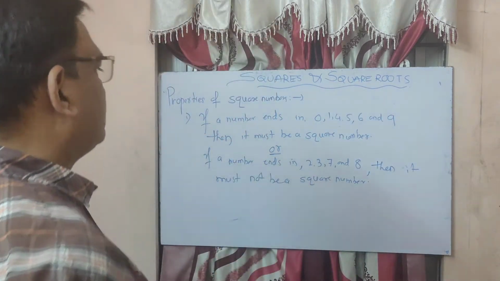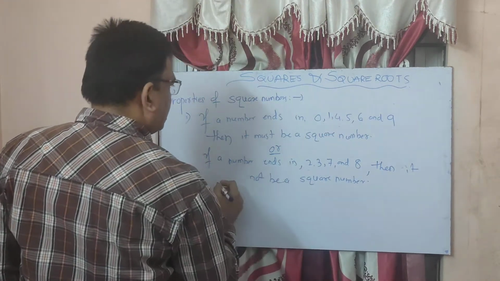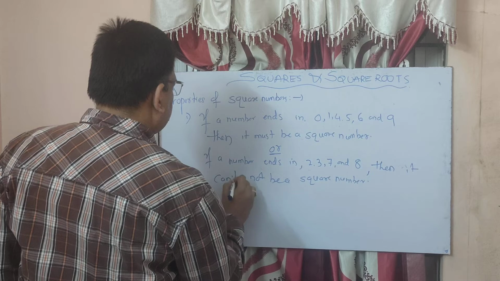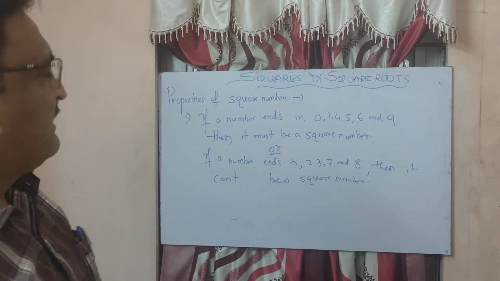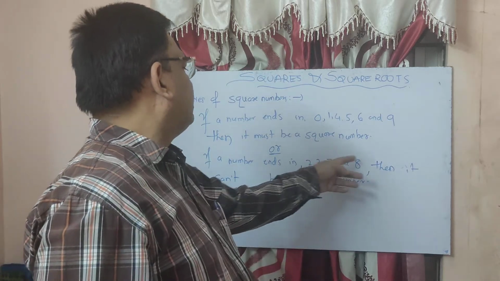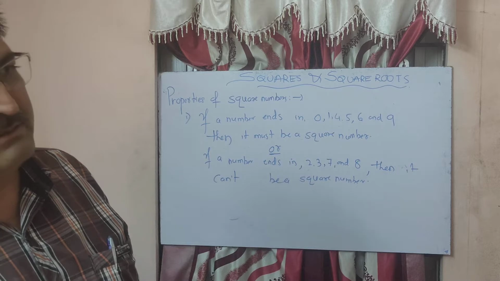It cannot be. You can write it can't be a square number. If the ending numbers are 2, 3, 7 and 8, then it cannot be a square number.